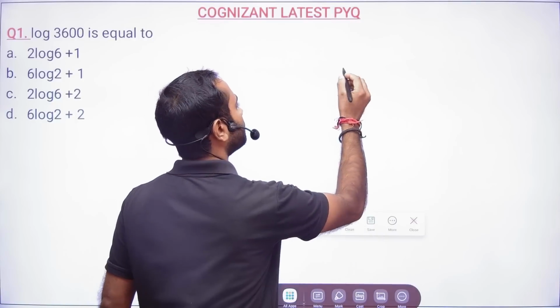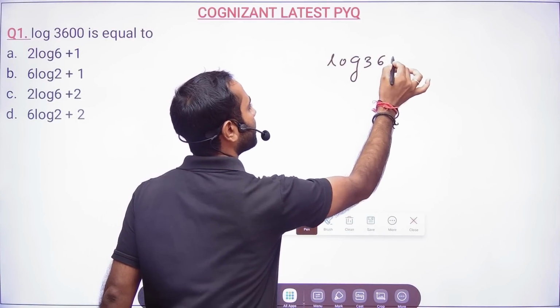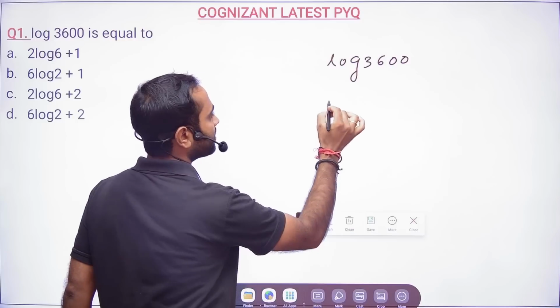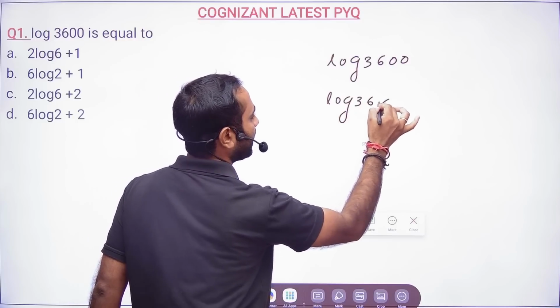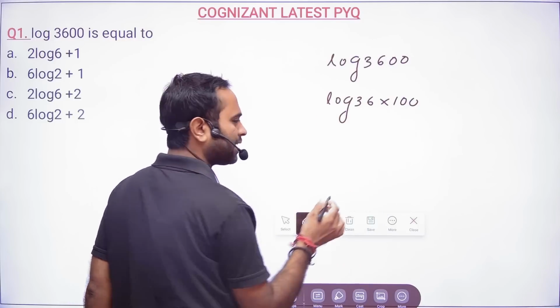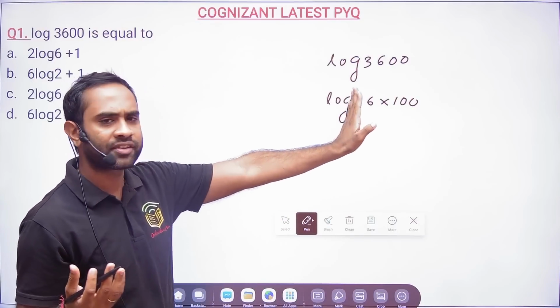So log 3600 is equal to, now friends, can I write it like this? Log 36 into 100. There are multiple ways to do the question. Even you can directly write log 60 square.